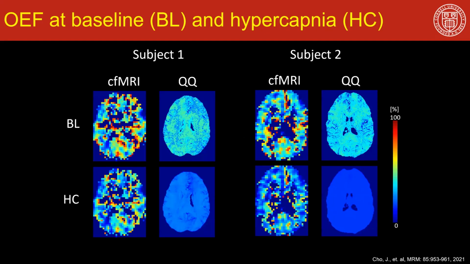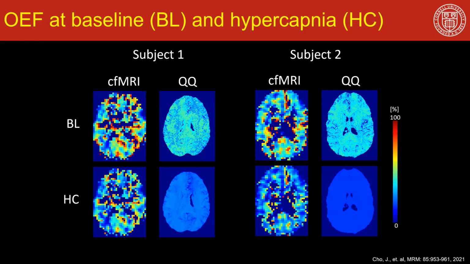Here is the OEF map from calibrated fMRI and QQ at baseline (BL) and hypercapnia (HC) in 2 subjects. Compared to calibrated fMRI, QQ shows more uniform OEF maps with relatively uniform OEF values in gray and white matter, which agrees with the reference standard PET.